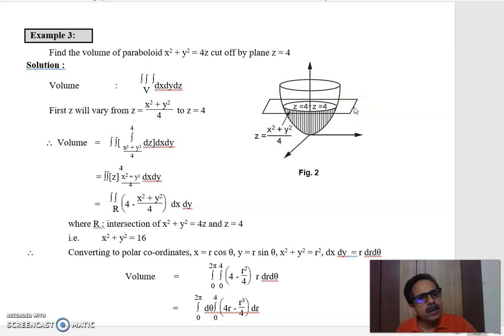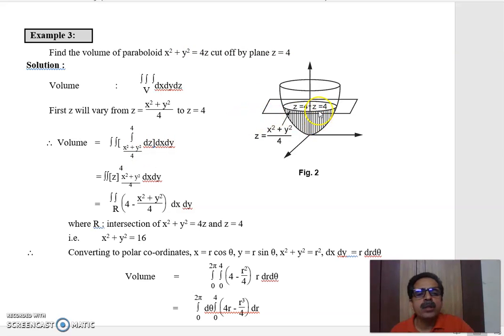So here we integrate first with respect to z, and so we write here dz, and we consider a unit column. The bottom end is present on the paraboloid, and from the equation of the paraboloid we can get z, and that z is x square plus y square divided by 4, and that forms the lower limit.